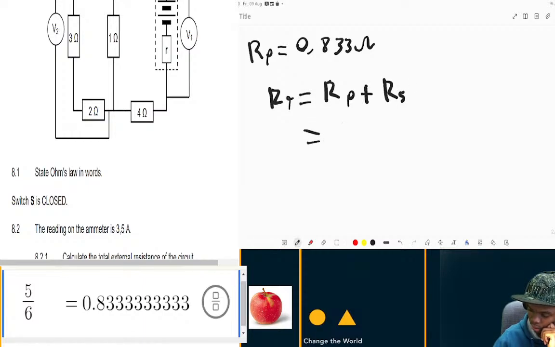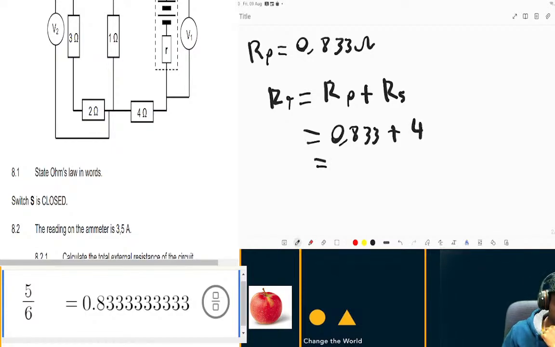Which means we'll have 0.833 plus R series, which is 4, and we'll calculate.